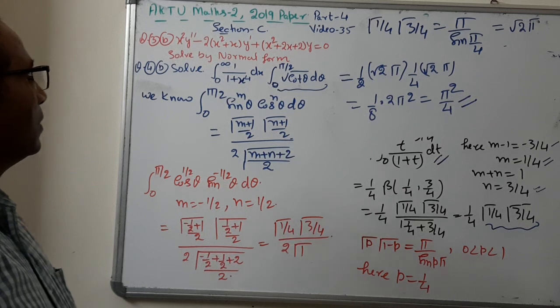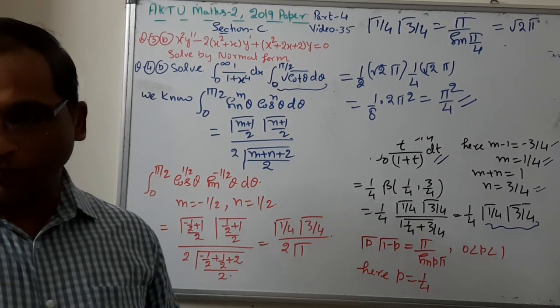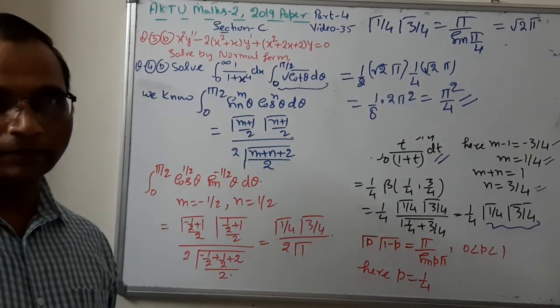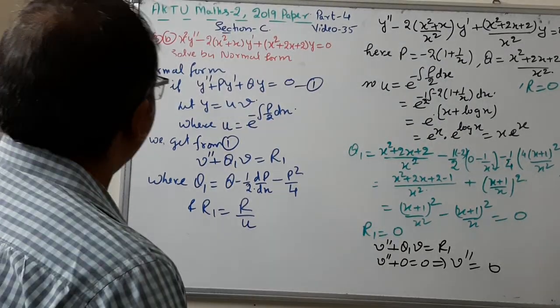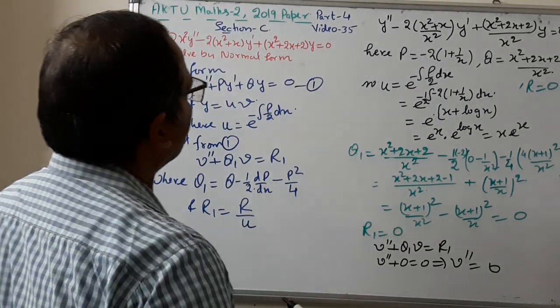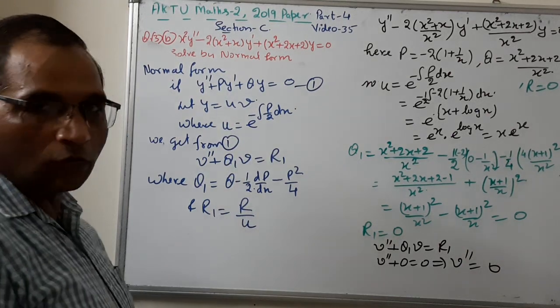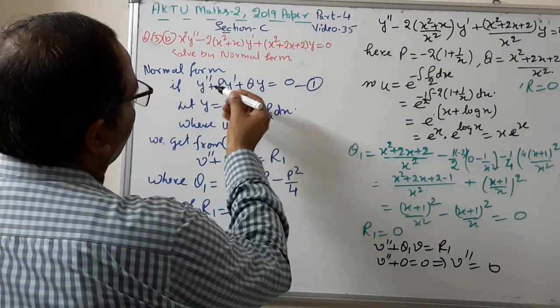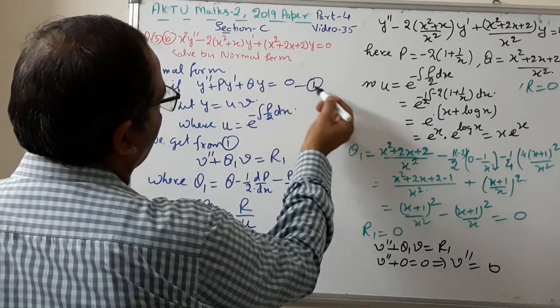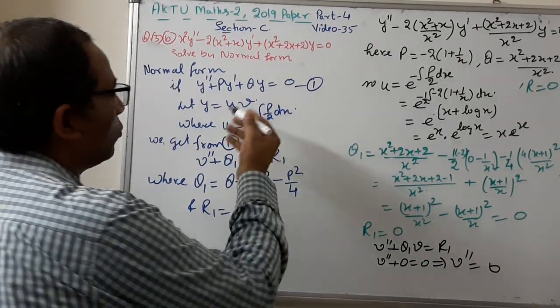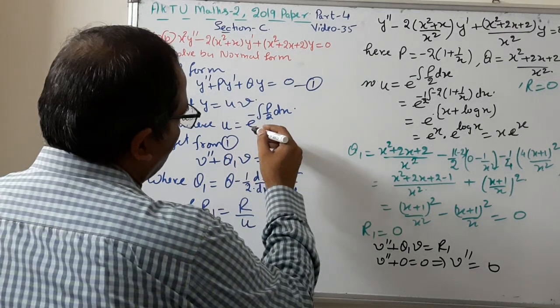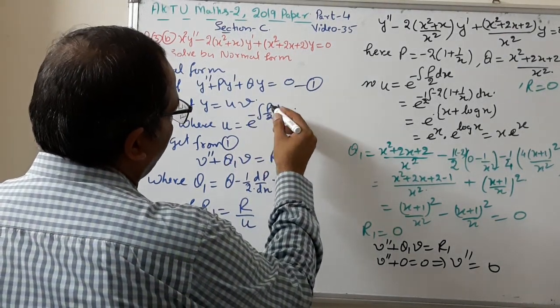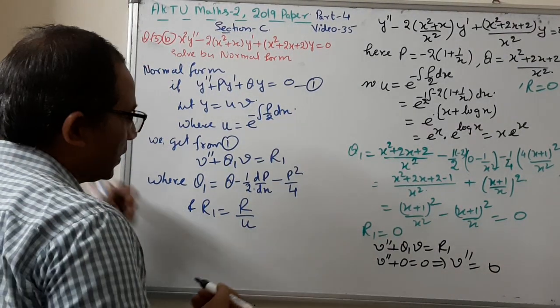Now here comes the solve by normal form. Next question is solve by normal method, normal form. So first we discuss normal form, then solve the question. In normal form, if the given equation is y double dash plus p y dash plus q y equal to 0, we will take y equal to u into v, where u is equal to e to the power minus integration p by 2 dx, right?